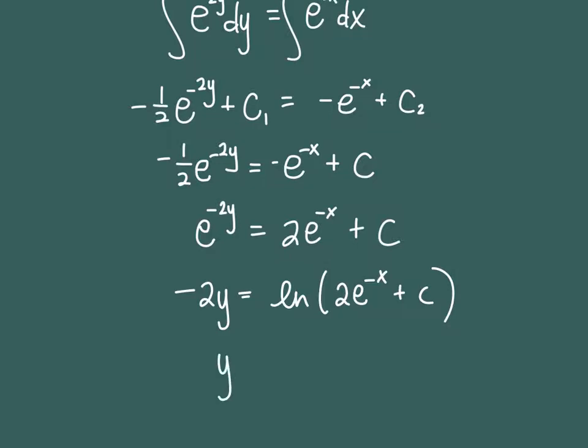And so then y would be equal to the natural log of 2 e to the negative x plus the constant c all over the division of negative 2. There's no way to reduce that anymore, that's it.